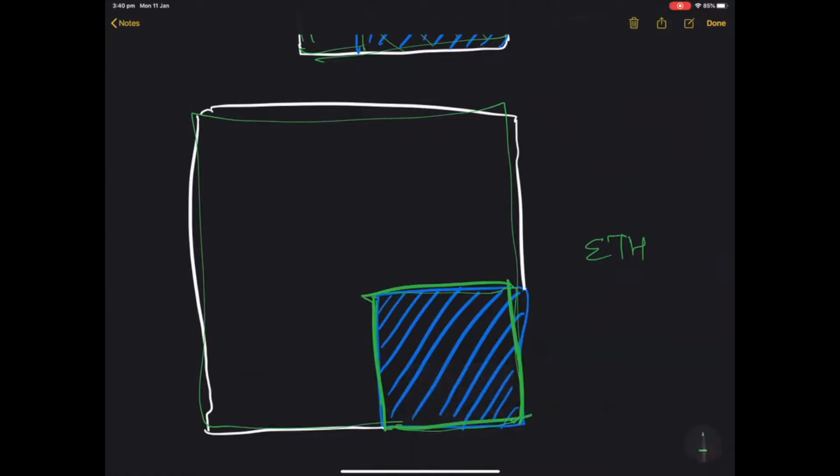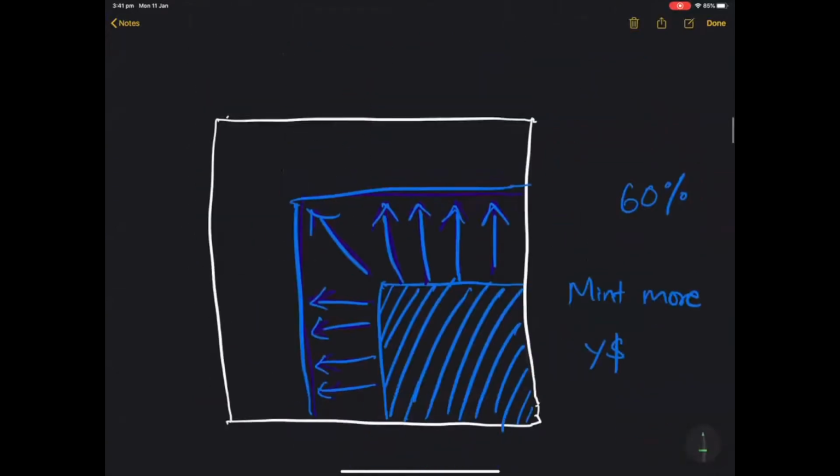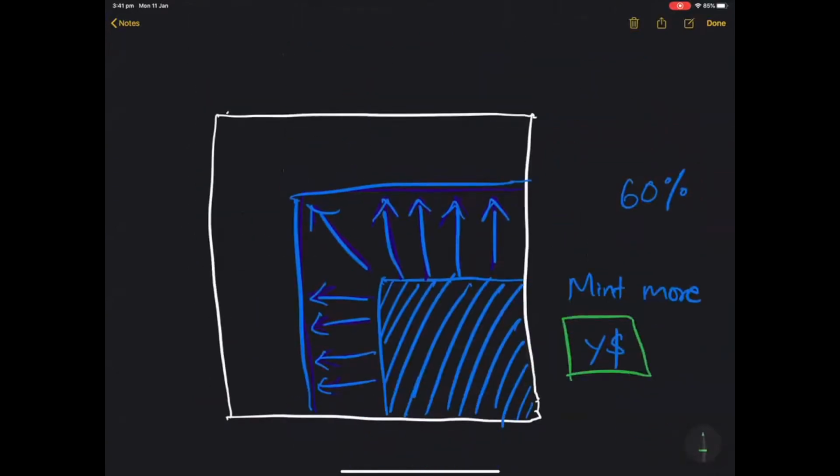Now the yDollar site or the protocol allows you to mint hypothetically up to 60%. This changes a little bit here and there, but it allows you to mint a certain amount of your collateral value. That effectively means that you should be able to mint more because 60% is, let's say, hypothetically almost this much. So essentially, you can now borrow more because your collateral value has gone up.